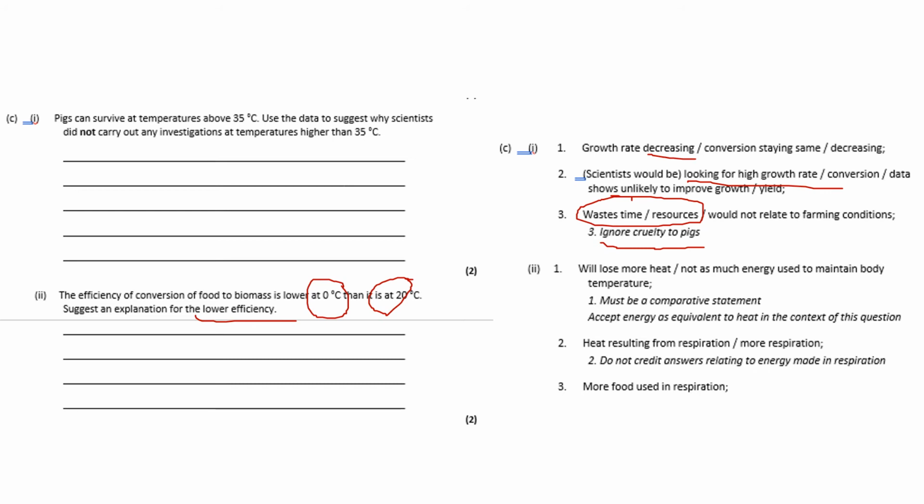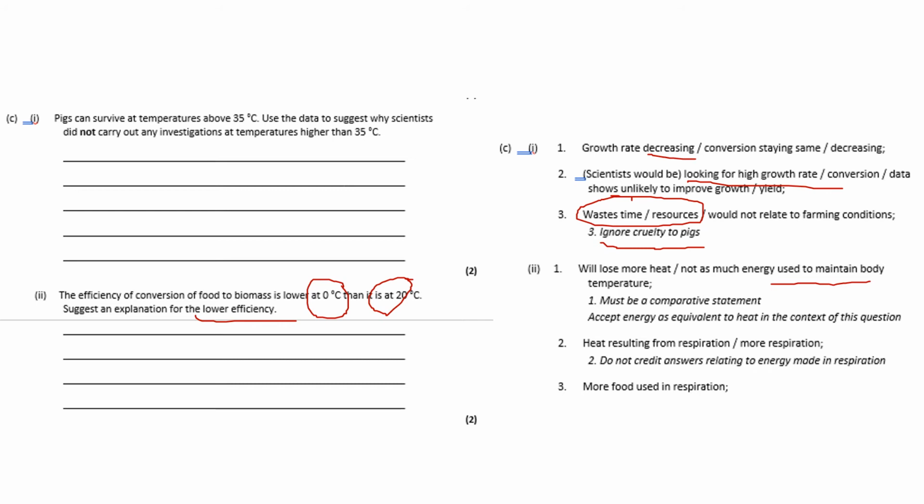They will lose more heat at 0 compared to 20, therefore they will use more energy to maintain their body temperature. So that's the first marking point, and it says it must be a comparative statement. If you had the opposite and you said at 20 degrees they will lose less heat, so they will use less energy to maintain their body temperature, that would be fine as well.